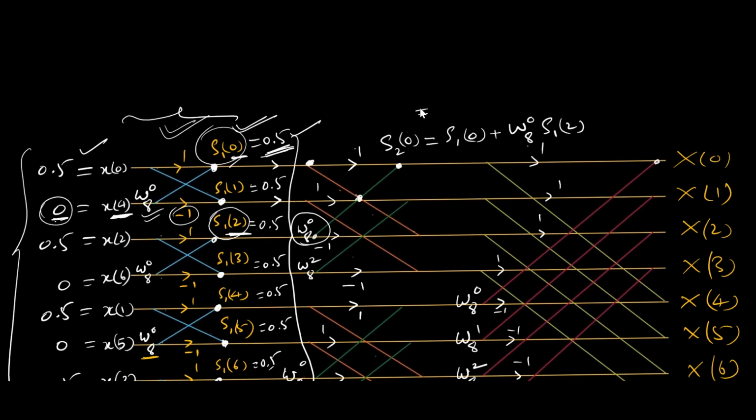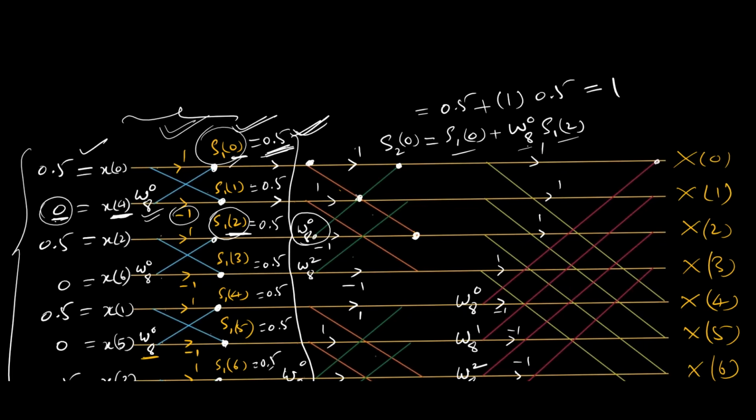Now substitute the values: S1 0 is 0.5, W8 to the power 0 is 1, as we have already calculated, and S1 2 is 0.5. So this becomes equal to 1. Our first sample is 1.